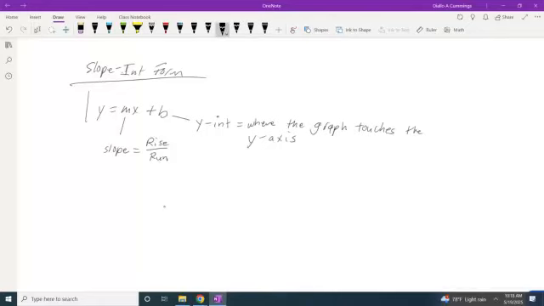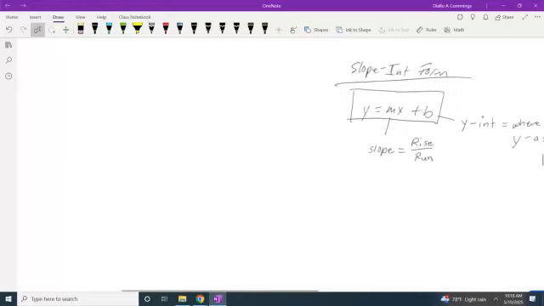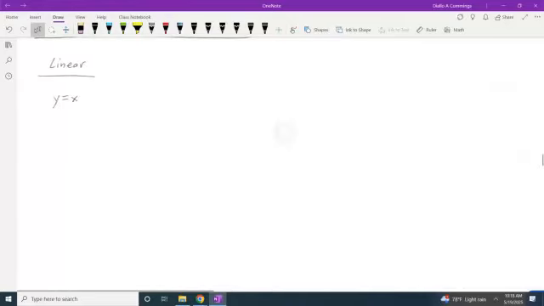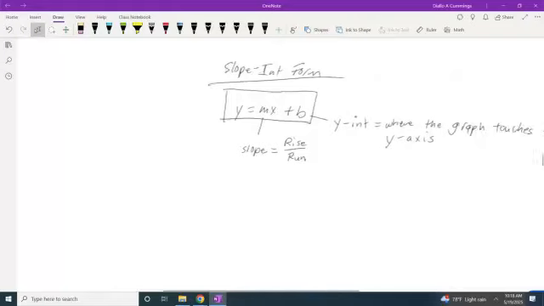So in order to write out the formula for a linear equation in slope-intercept form, you only need 2 things. You need to know the slope, and you need to know the y-intercept. Okay. But on my model form, I'm kind of shortening that as y is equal to x.